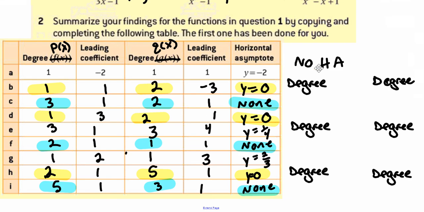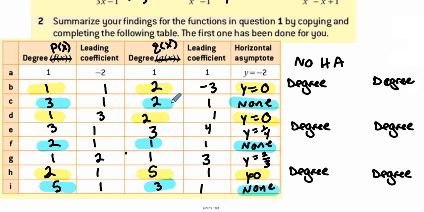So there is no horizontal asymptote when what happens between the degree of P of X and the degree of Q of X? Let me say that again. There's no horizontal asymptote when I know what about the degree of P of X and what about the degree of Q of X? Yes?